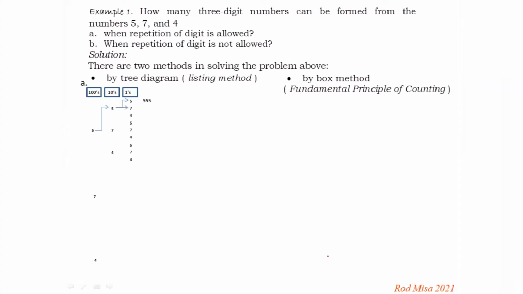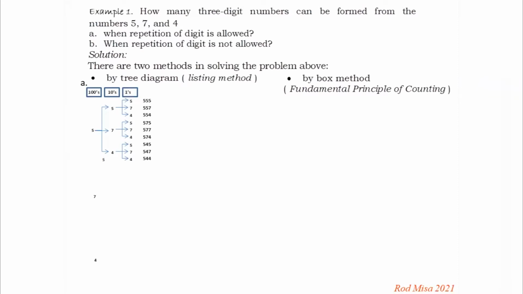Or you can form 557, or 554, or 575, or 577, or maybe 574, or 545, 547, or 544. So we have listed down all possible 3-digit numbers that have 5 in the hundreds place.